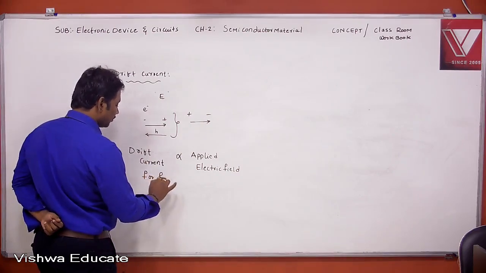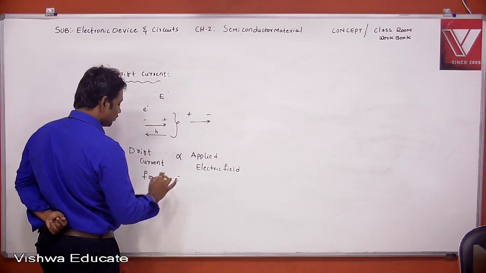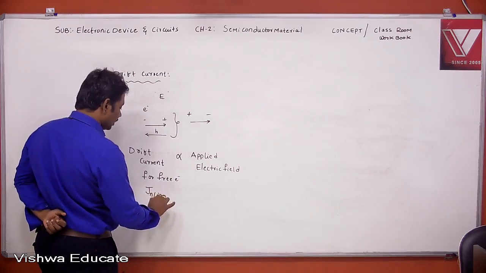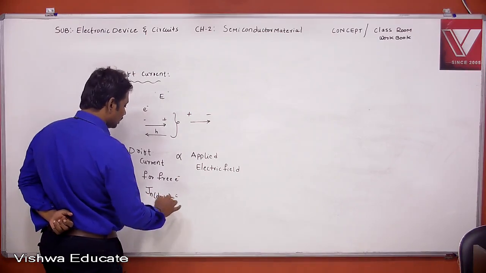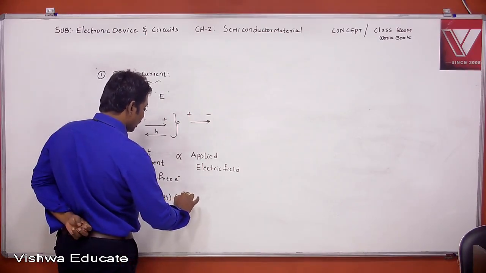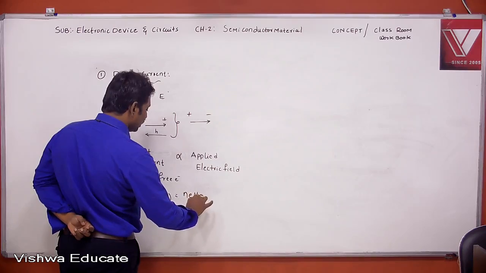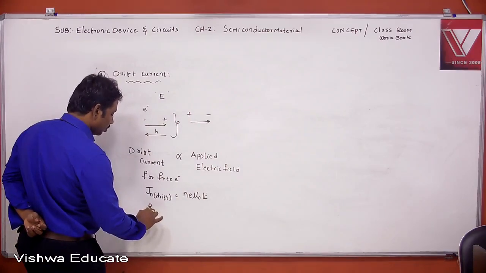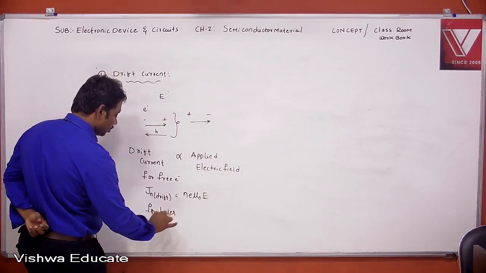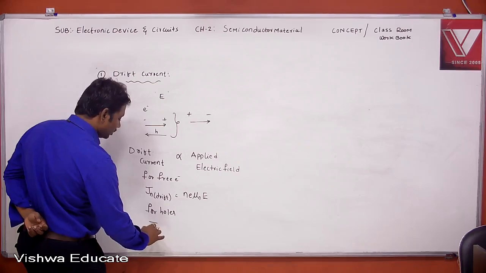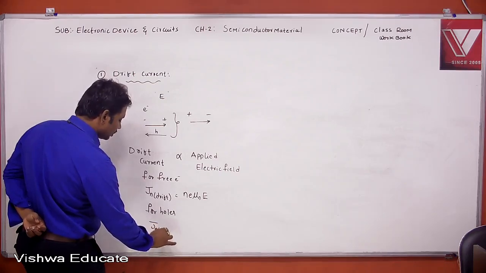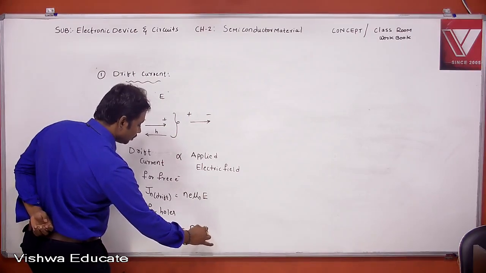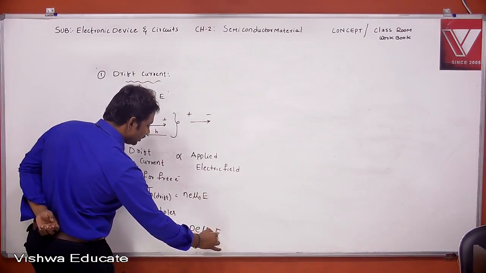So first for free electrons, what will be the drift current? For free electrons, the drift current is Jn drift equal to n into e into mu n into E. Similarly for holes, Jp drift is equal to p into e into mu p into E.